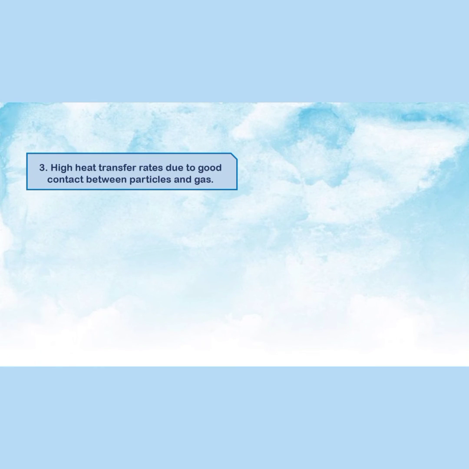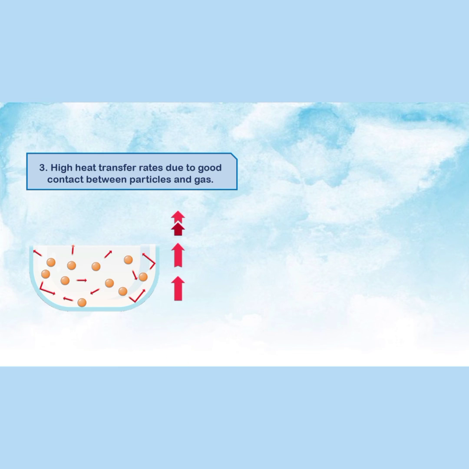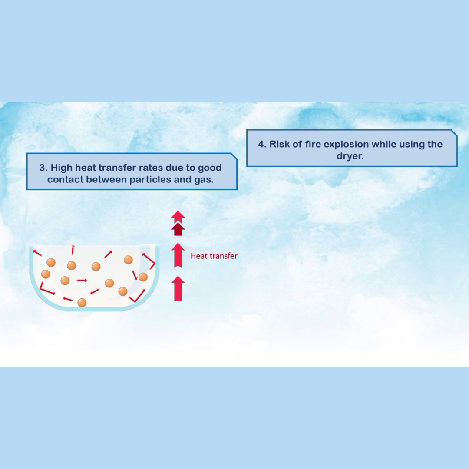The third is high heat transfer rates due to good contact between particles and gas. Means the particles in the machine will contact each other, makes the heat transfer increase. Next is risk of fire explosion while using the dryer.